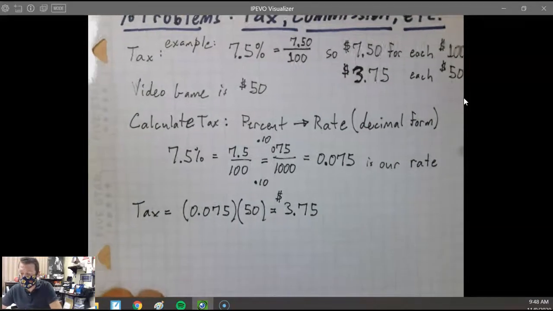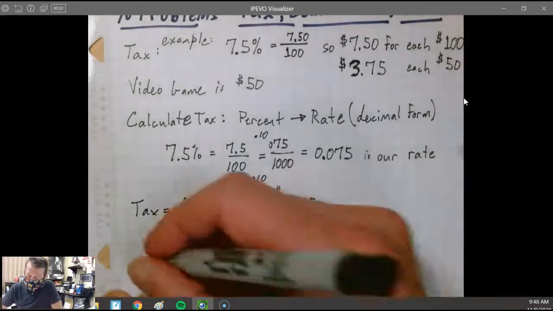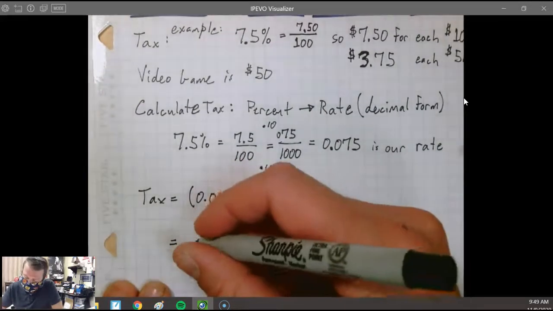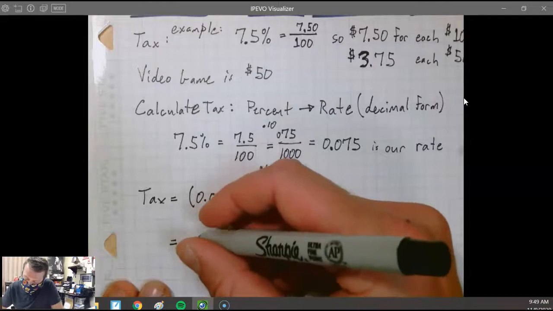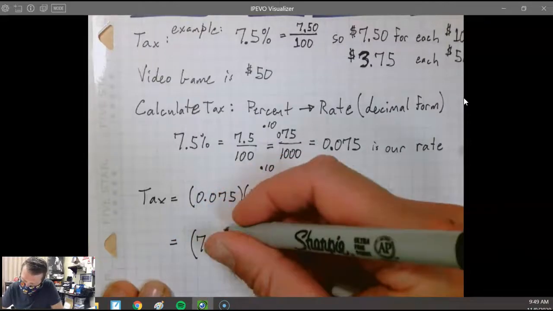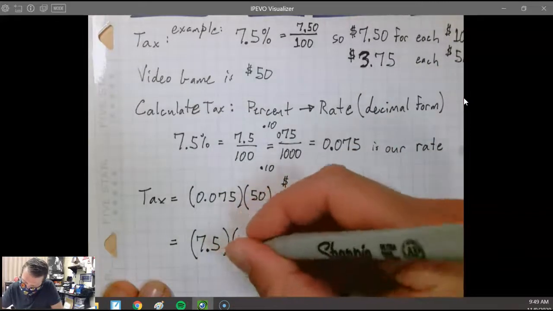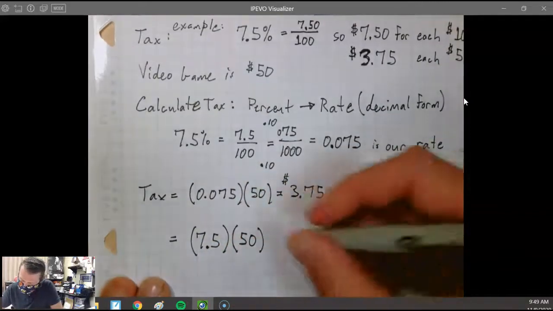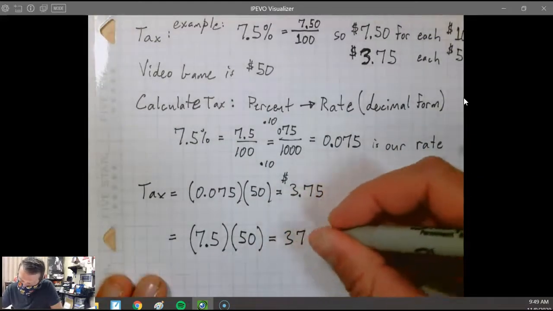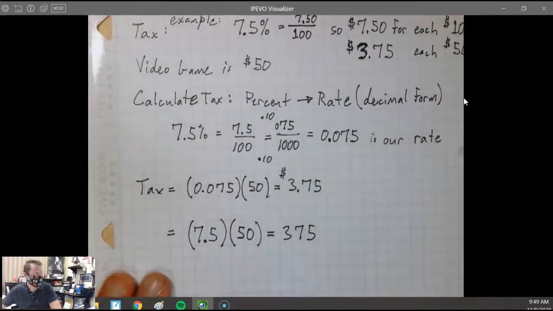Now the other way that we could do this, sorry to give you options, but that's why we write these down, right? So you don't have to keep it all in your head, is if you wanted to use your 7.5 percent amount, and we do this multiplication, we would get 375.